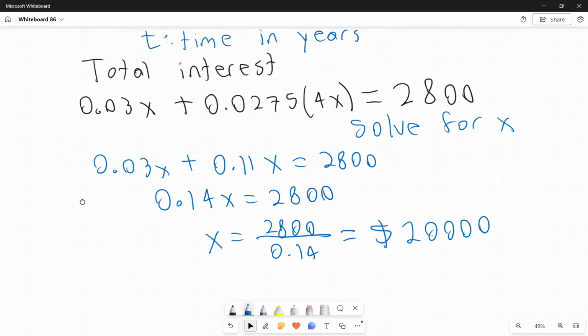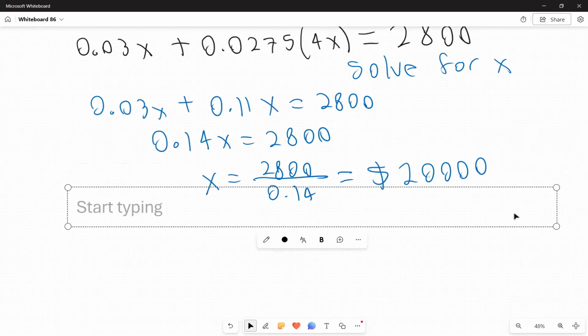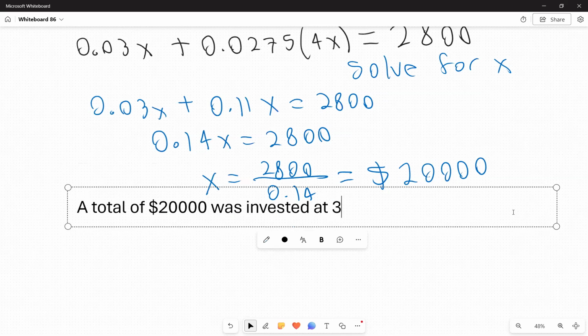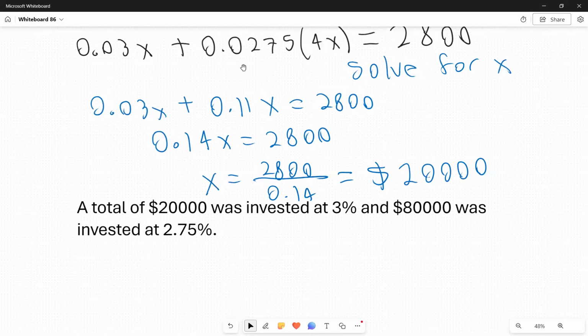So 20,000 was invested at 3% and 4 times as much, 80,000, was invested at 2.75%. So these were the 3 examples, and thank you for listening.